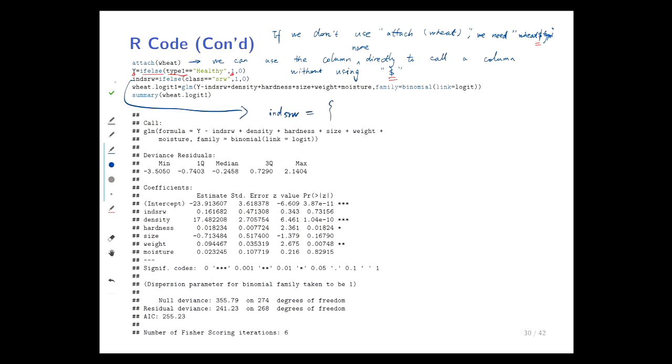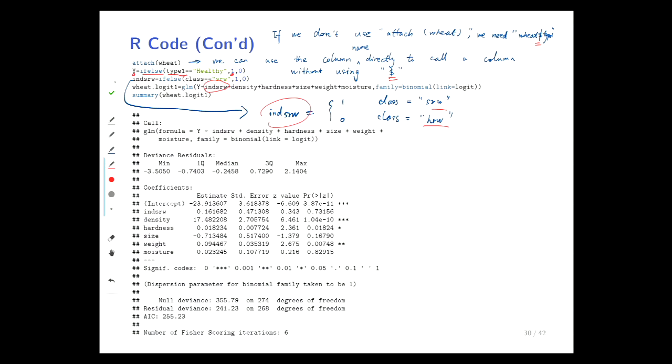INDSRW equals 1 if class equals SRW, and if class equals HRW, because we only have 2 categories, then this indicator variable equals 0. And remember that for this 2-category variable, we can only use 1 indicator variable in our regression model. So that's how we involve this indicator variable in our regression model.